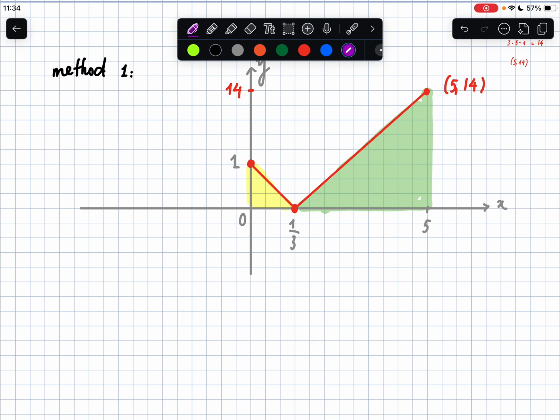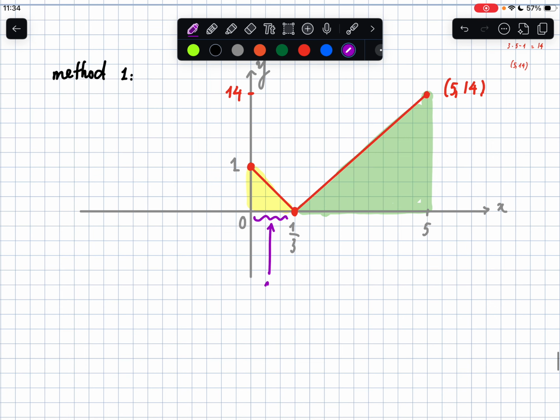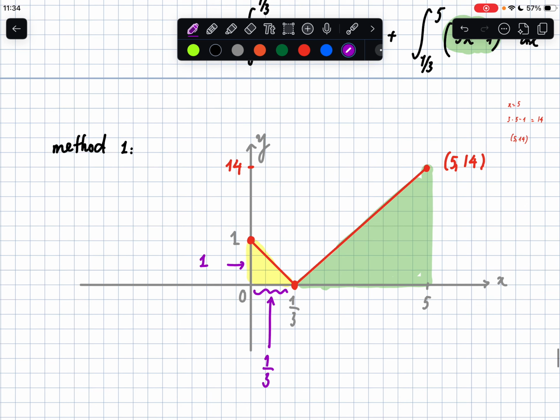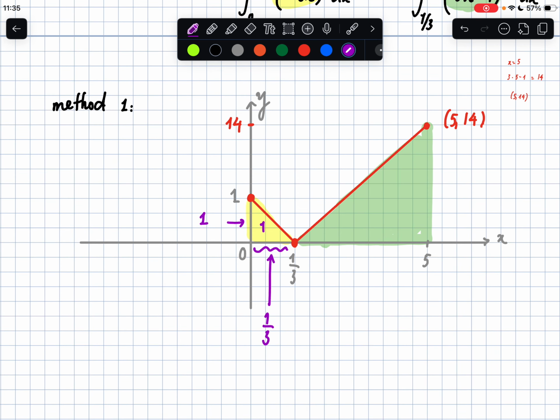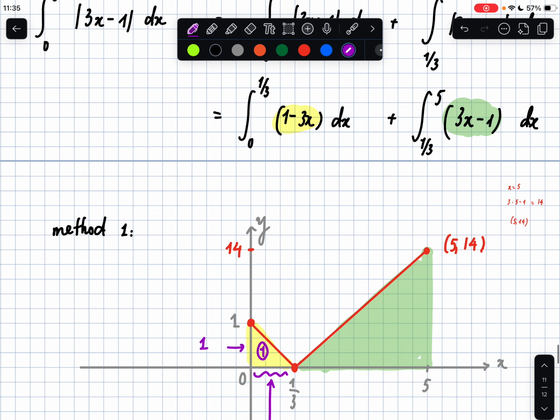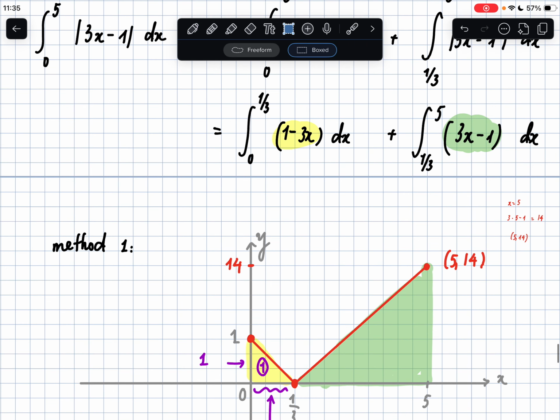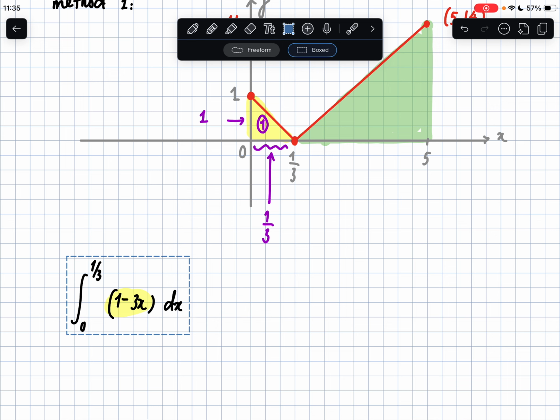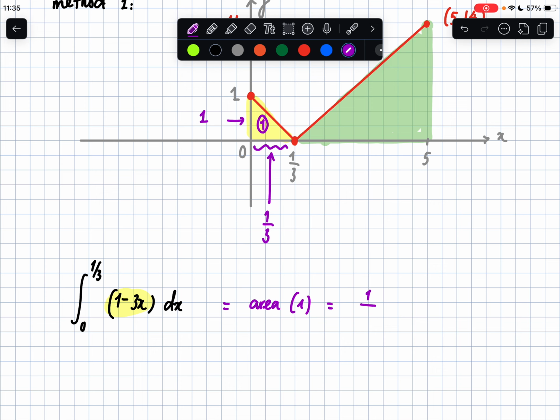This length is 1/3. This length is 1. The area of region 1 is this integral. The area of region 1 is 1/2 times 1 times 1/3, so 1/6.